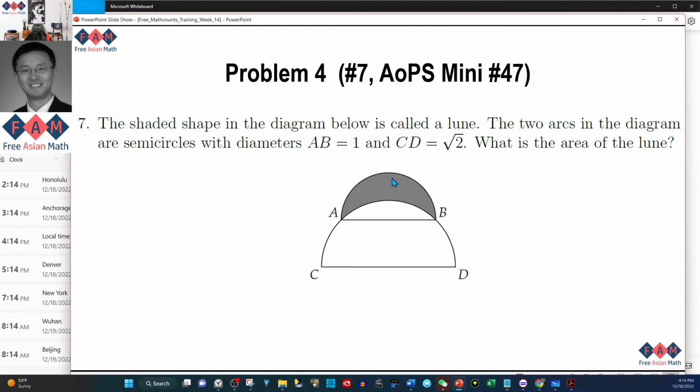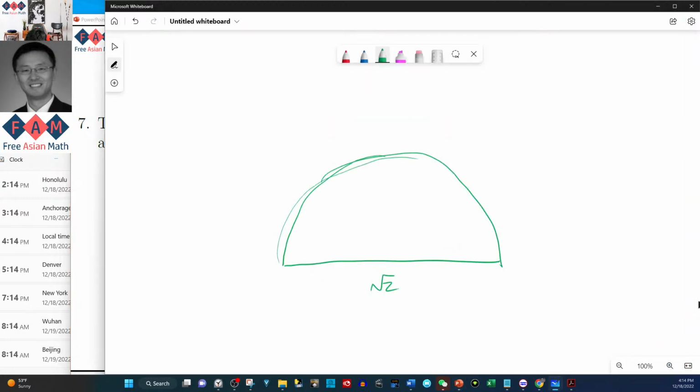Imagine somehow you move this semicircle until this diameter AB becomes a chord of this big circle. So you can imagine you start somewhere from here, which is the smaller, diameter 1 semicircle. Of course, the two centers align.